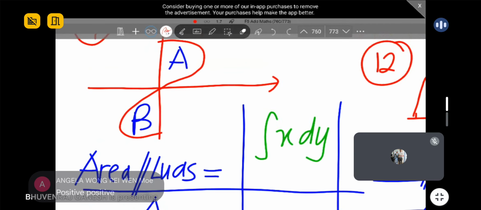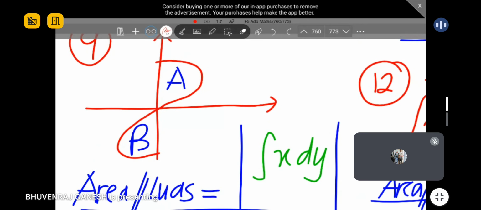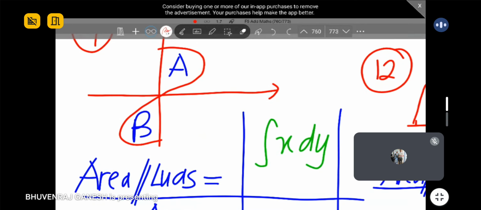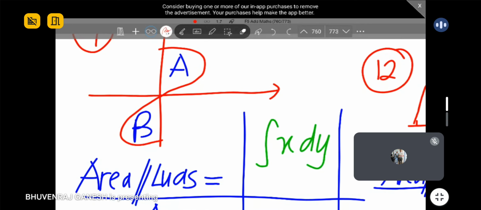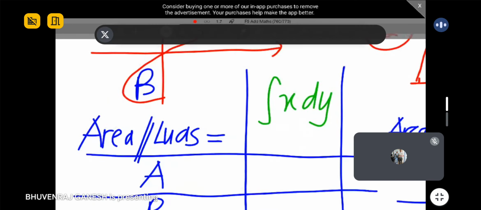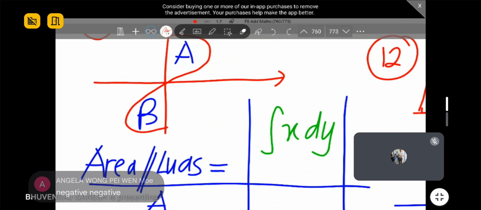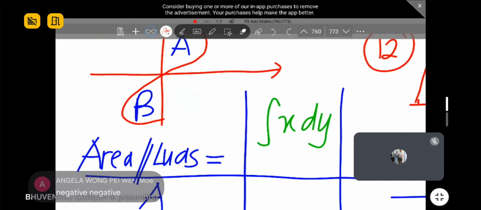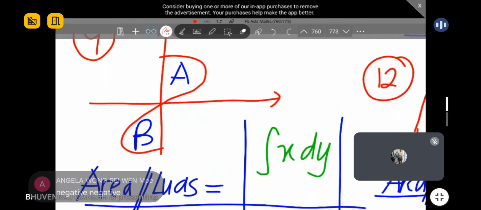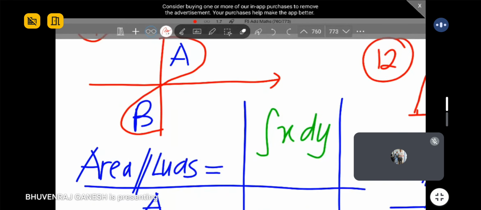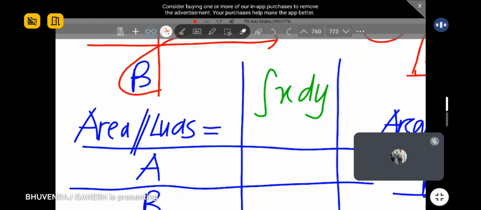Okay, wow, so fast. Okay, positive, positive. Let me check and see. Okay, first one correct, and then dy positive. The second one, try again for the B. Your first one is correct. The first one positive is correct. The second one only, it should be positive, negative.